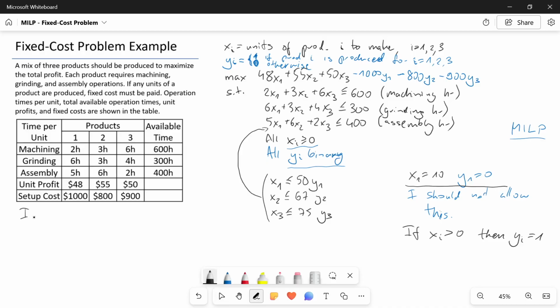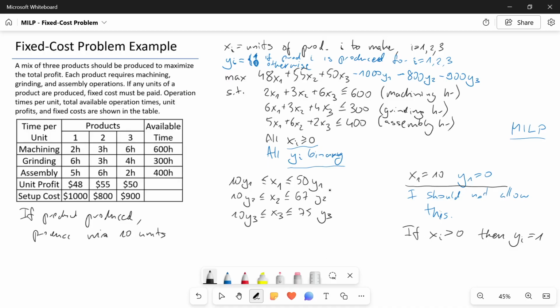So suppose we have an additional constraint: if product 3 is produced, produce a minimum of 10 units. I can model this in my example by adding, in addition to this constraint, a minimum limit: 10 times y1, 10 times y2, and 10 times y3 here.